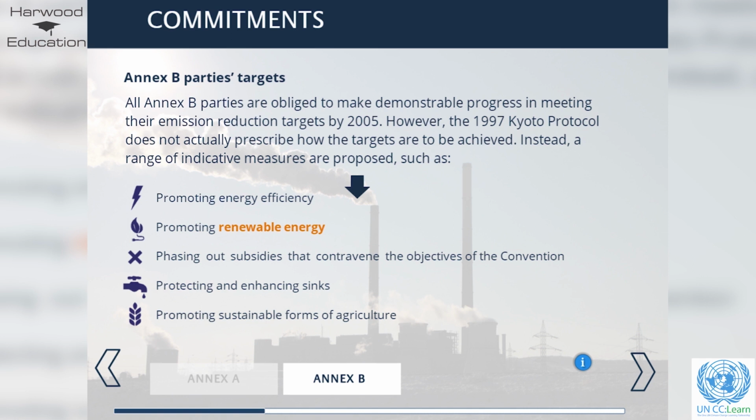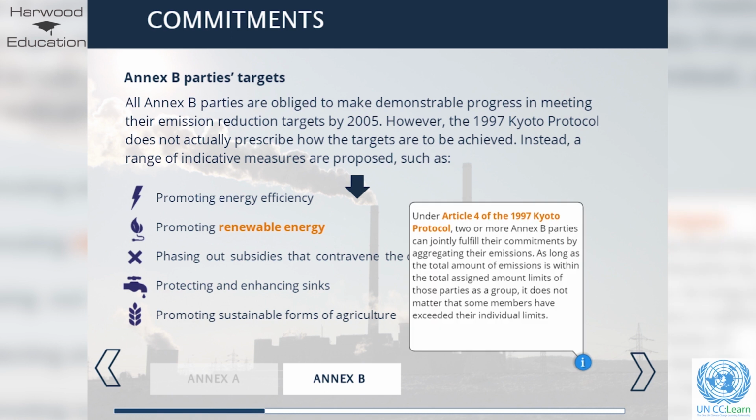Instead, a range of indicative measures are proposed, such as promoting energy efficiency, promoting renewable energy, phasing out subsidies that contravene the objectives of the Convention, protecting and enhancing sinks, promoting sustainable forms of agriculture.